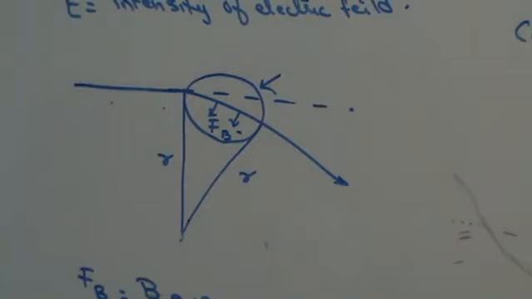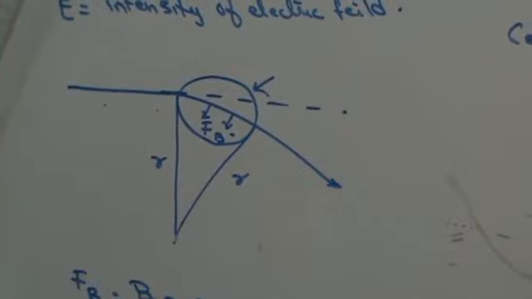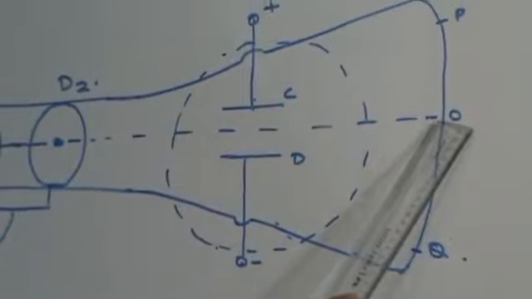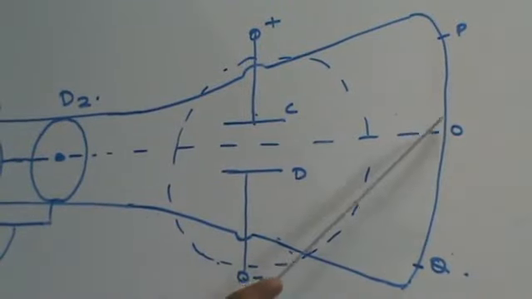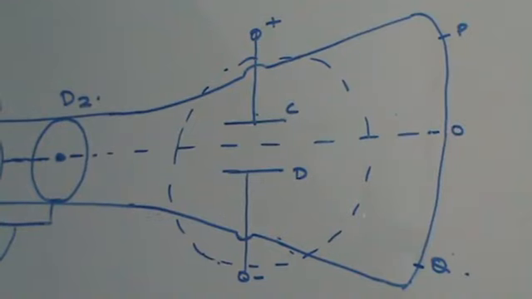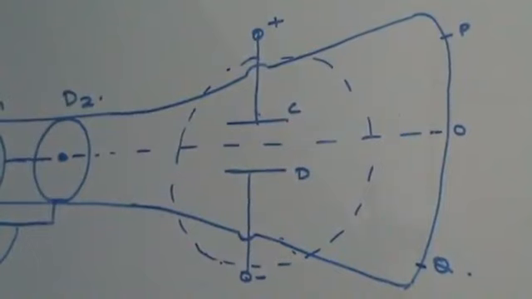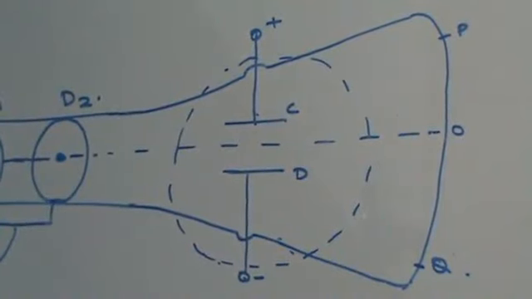Now, by changing the electric and magnetic field, the bright spot is produced exactly at the center.